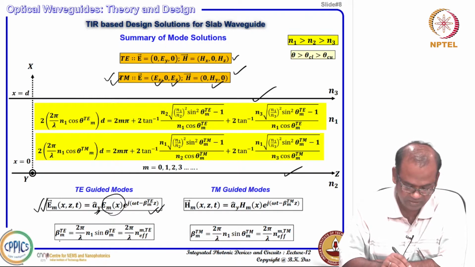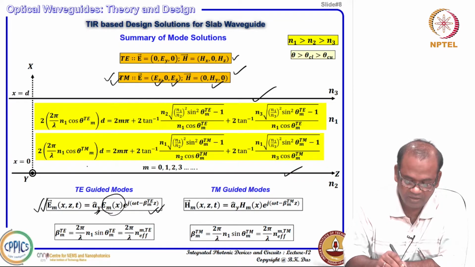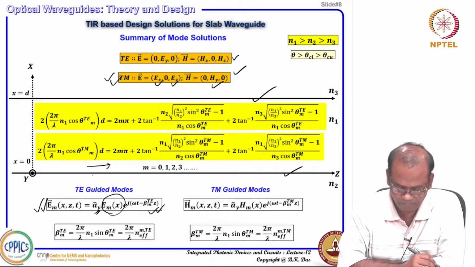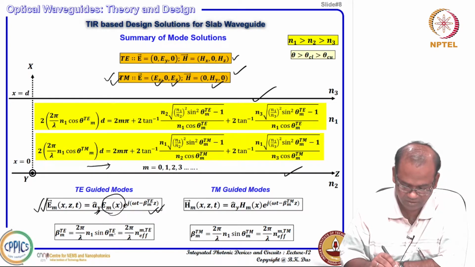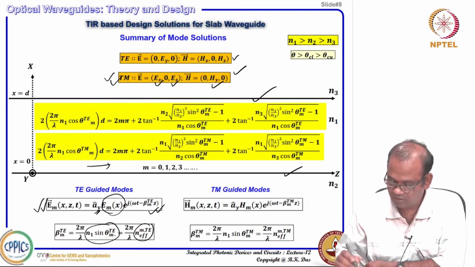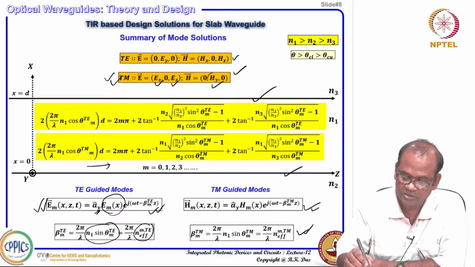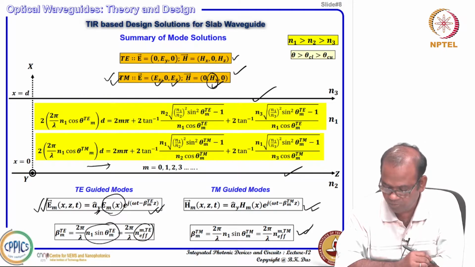Beta is basically the longitudinal component of the wave vector, which is nothing but 2 pi by lambda n1 sin theta_TE, and n1 sin theta_TE is called n effective for the TE polarization. Similarly, we can consider TM polarization, and in the case of TM polarization we are considering only the Hy component.